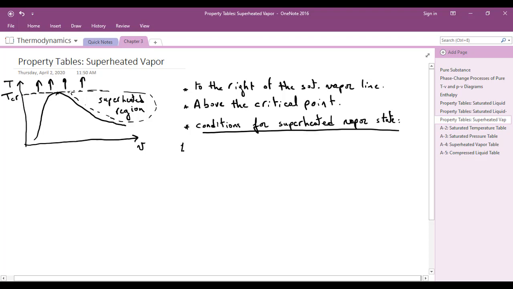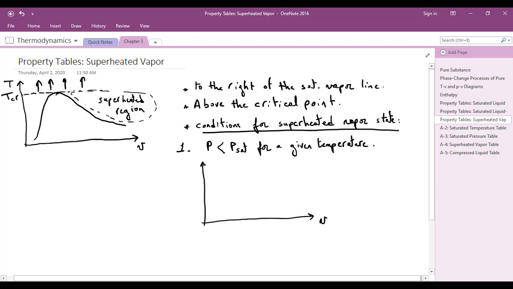The first condition is that the pressure is lower than the saturation pressure for a given temperature. This can be simply proved in a PV diagram.